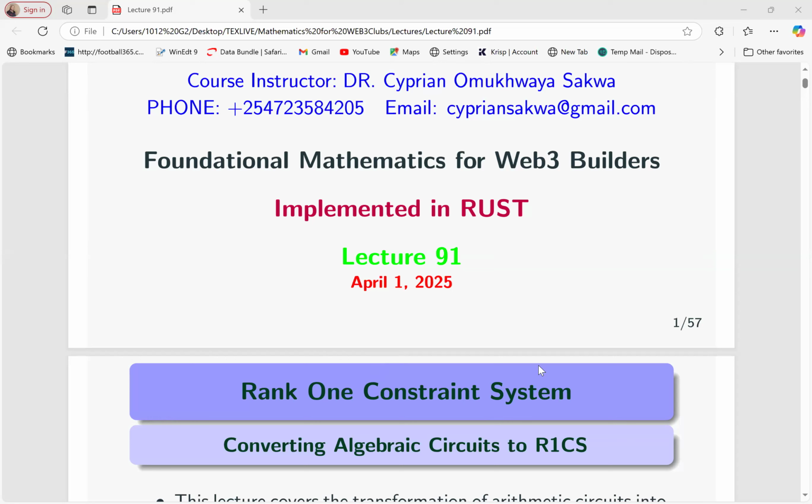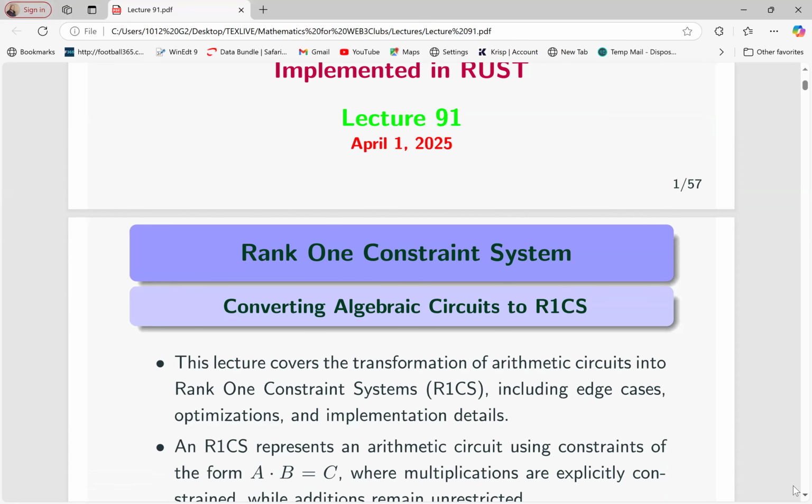That is the knowledge we'll be using in our lesson from today hence. Because once we know how to write the algebraic circuits, we just convert those to rank 1 constraints. And once we know how to tackle the rank 1 constraints, we'll be ready to begin tackling the zero knowledge proofs. That is the only thing I wanted us to note before we proceed.